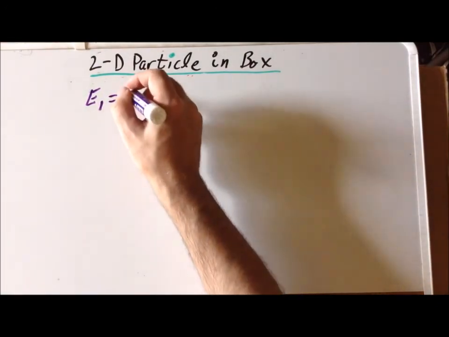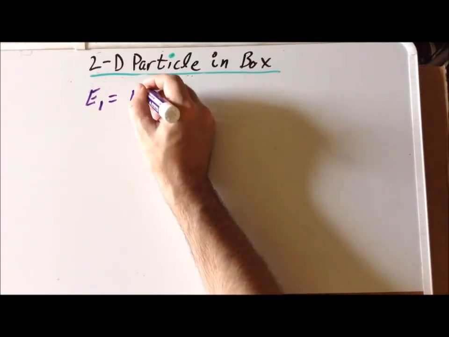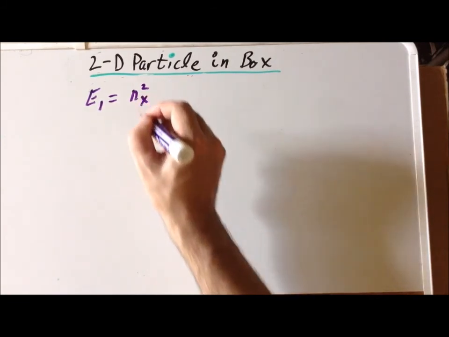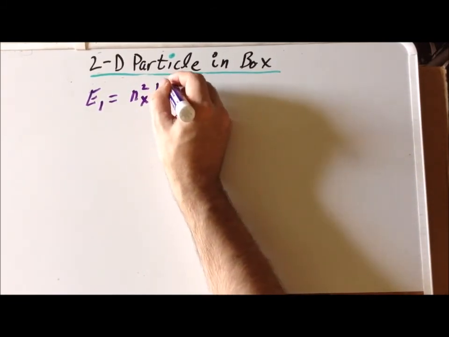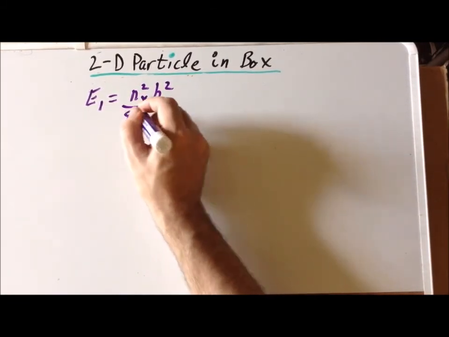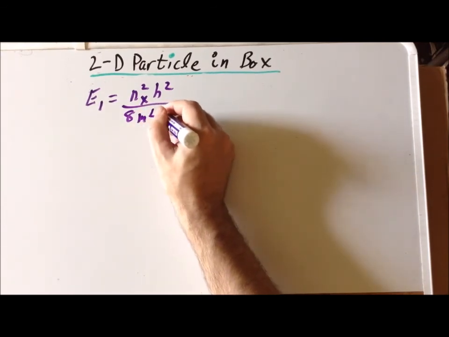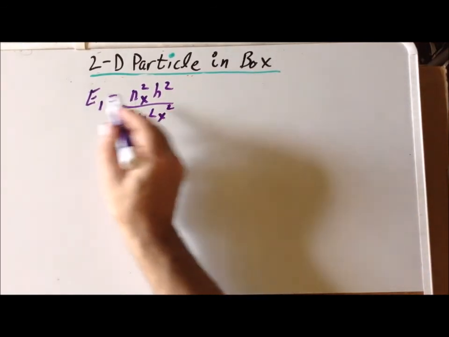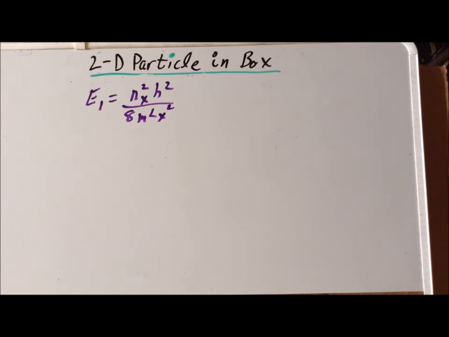And we already know that those are going to be n squared, but now n sub x squared times h squared over 8m L sub x squared. So simply take the solution that we already know for the one-dimensional particle in the box, but we're just very careful to put the proper subscript. So for n we need n sub x, and for L we need L sub x.